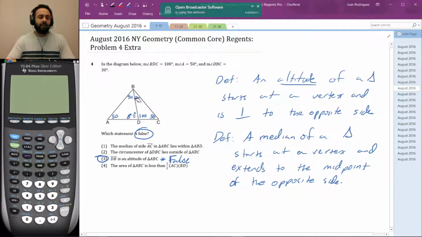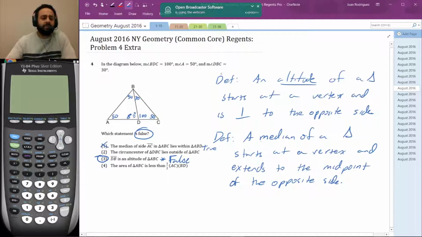So the angle bisector would cut angle ABC into two congruent 40-degree angles, which means that the bisector would be to the left of side BD. Which does lie, in fact, within triangle ABD. So this is true.